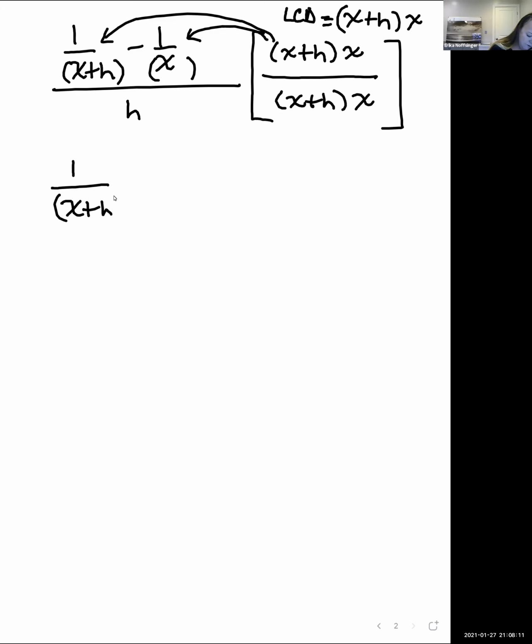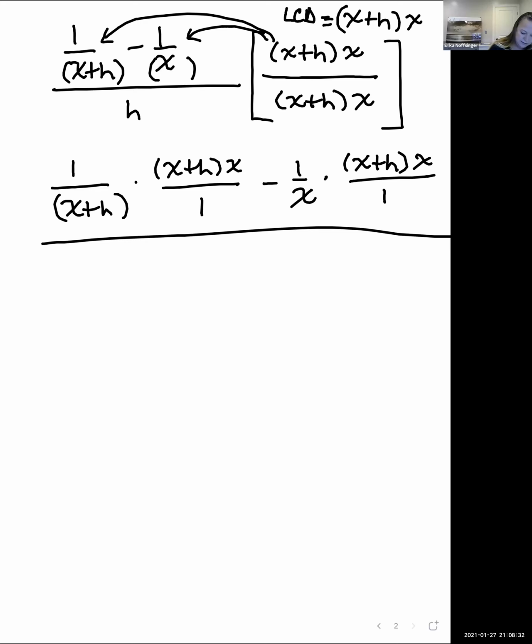This is 1 over x plus h times that quantity x plus h all times x. You can think of that over 1 if it helps you. Minus, then we have this 1 over x all times this x plus h times x. It helps to put that over 1. Divided by h all times x plus h times x.